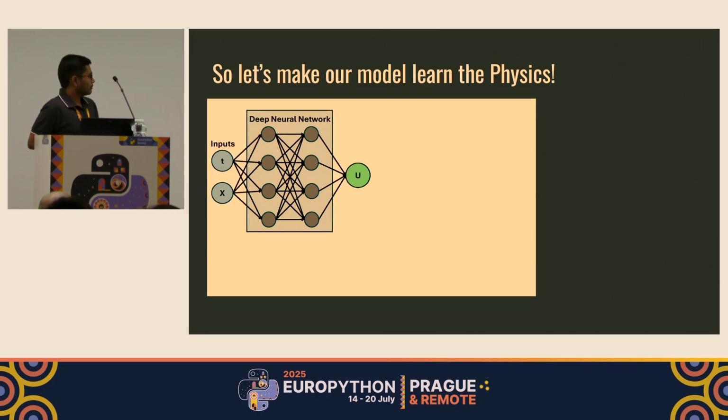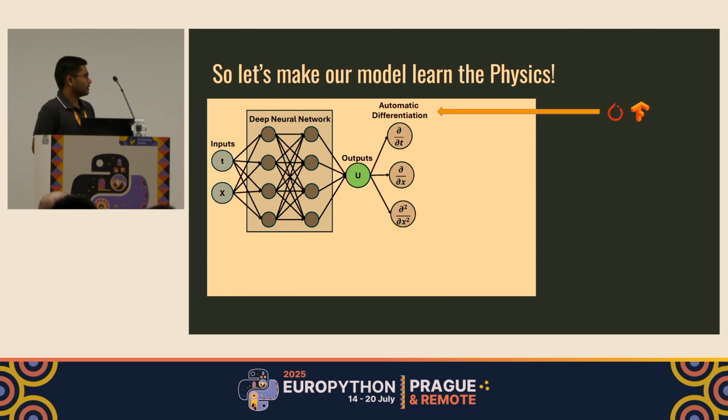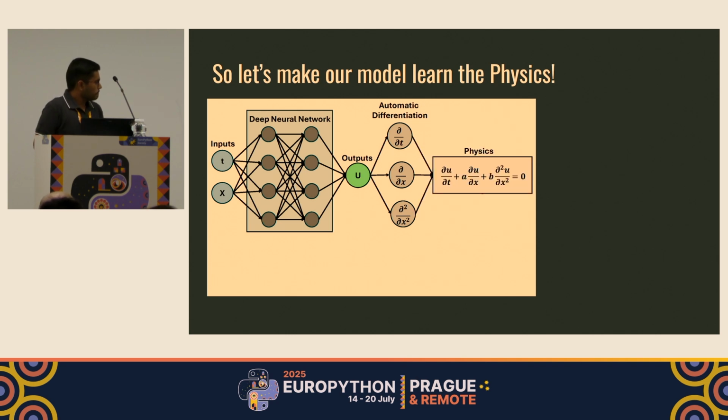But in physics-informed neural networks, we calculate the gradient terms of the output with respect to the input using the automatic differentiation feature in PyTorch and TensorFlow. And after calculating those gradient terms, we substitute those gradient terms into the differential equation, which is the governing law of the problem which we are solving.